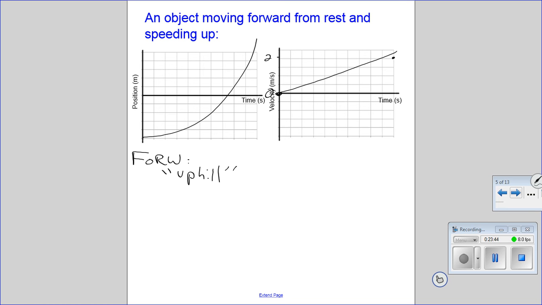Remember, in terms of velocity, what's the difference between moving forward and backward? Negative and positive, right? So the reason I know this is moving forward is not because it's sloped uphill. The reason is because these are positive velocities. So that's how I know that it's moving forward. My position time graph is uphill. My velocity is positive. Can you see I'm making a little table here? Good?